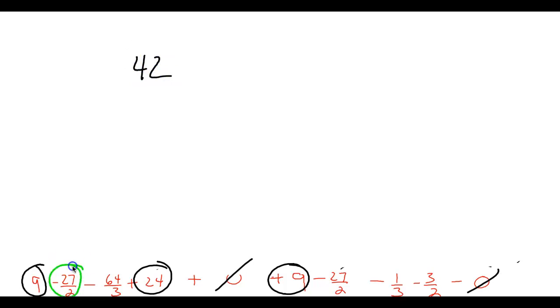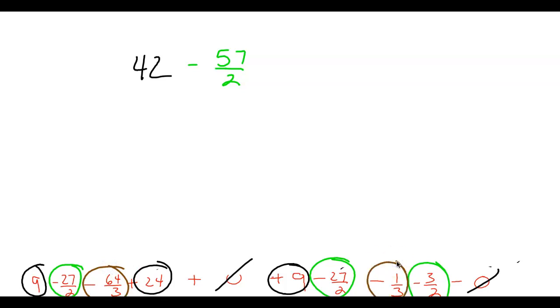Next, I'm going to combine everything that has a denominator of 2. Just add the numerators. So negative 27, and negative 30 makes negative 57. So it's going to be negative 57 over 2. And then we're going to combine everything that has a denominator of 3 now.